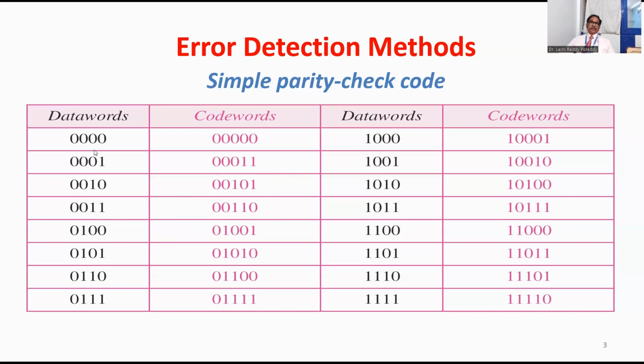Likewise, for every possibility of a 4-bit message, this table gives us the possible value of the redundant bit, so that the entire message has an even number of ones. In that way, this simple parity check method is used. This is the concept used in the error detection mechanism using simple parity check.